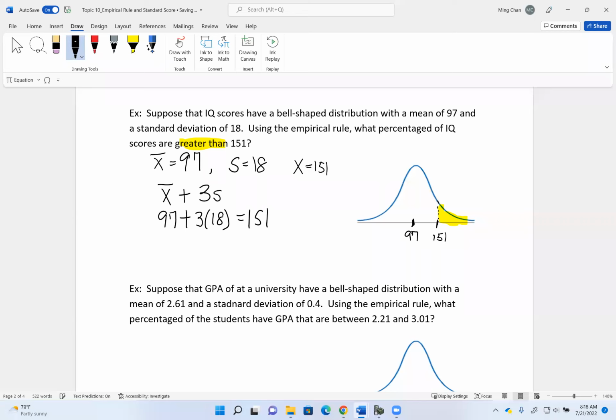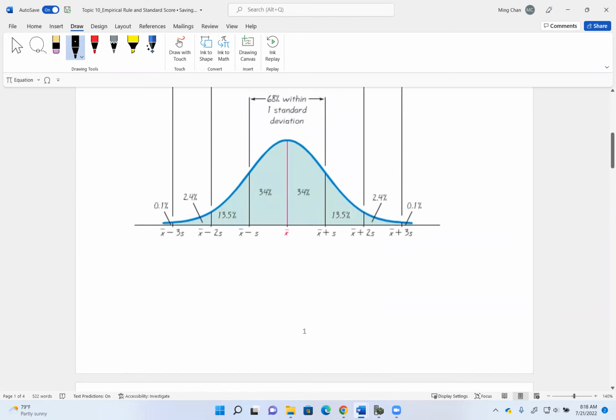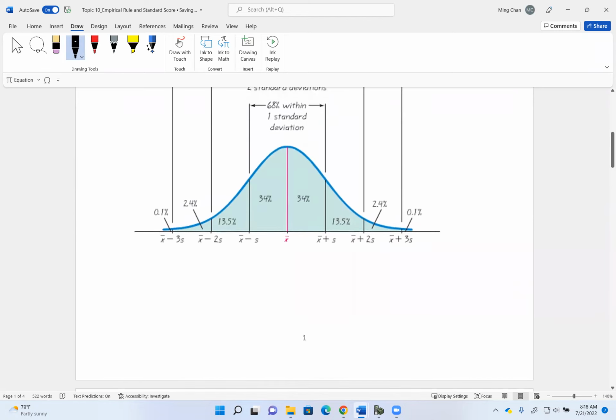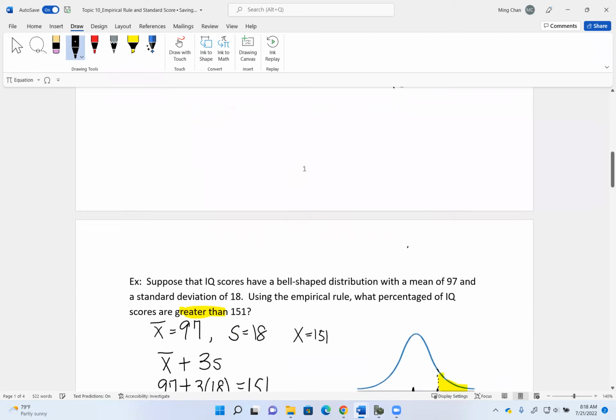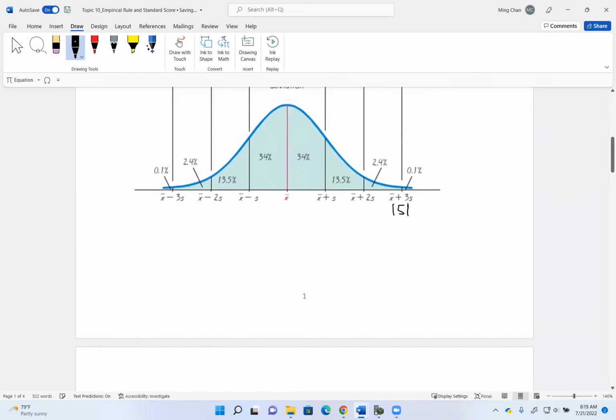So this 151 is three standard deviations, and I'm looking for the percentage greater than that. Let's go back up here. Three standard deviations, 1, 2, 3. So 151 is basically right here.